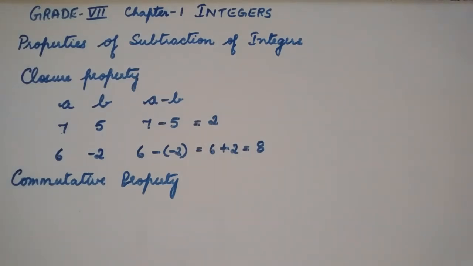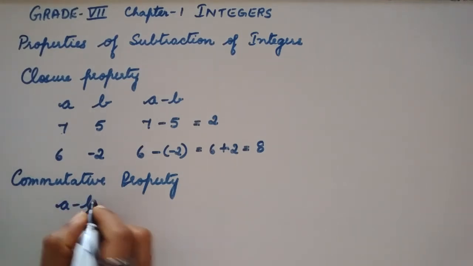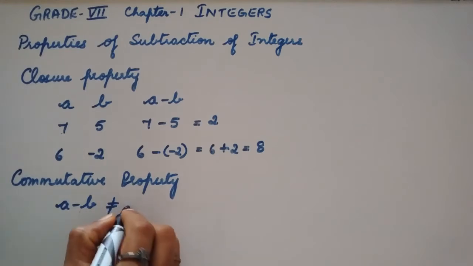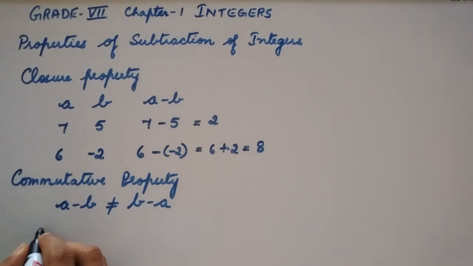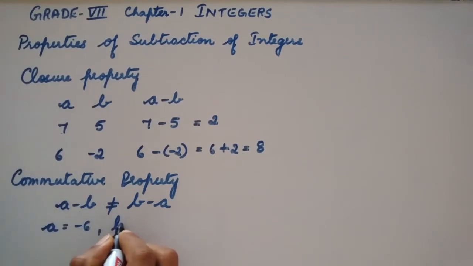Commutative property is not true for subtraction of integers. That is, a minus b is not equal to b minus a. For example, let a be equal to minus 6 and b be equal to 2.